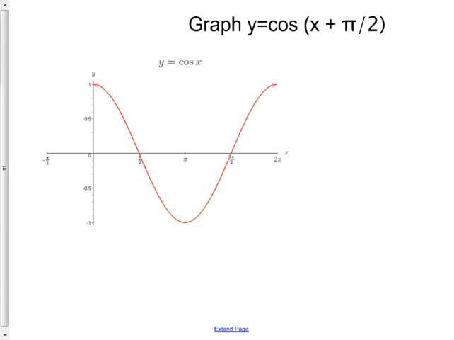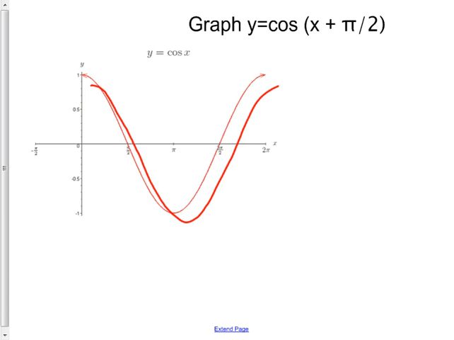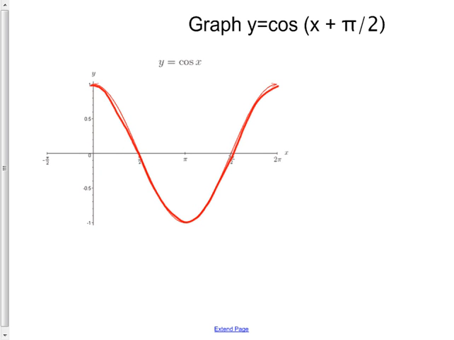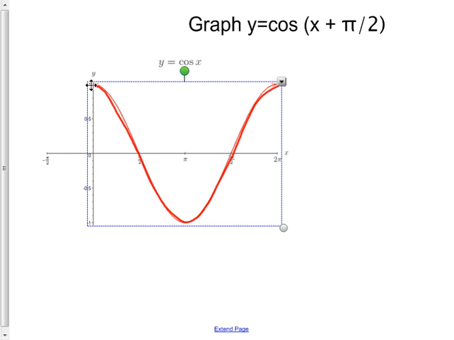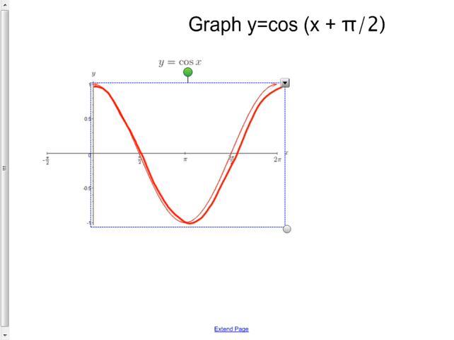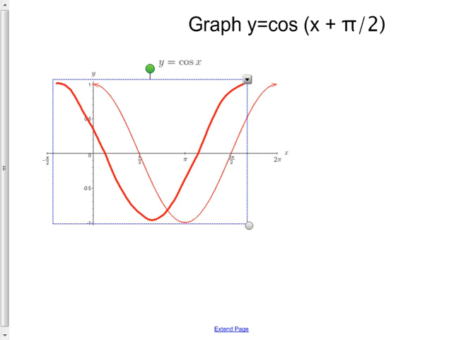You should have taken this graph, and I'm going to just redraw it, and then I'm going to grab it and shift it. Which way should I go, right or left? Left is correct. Left, how far? Pi over 2. How far is pi over 2? Like that.